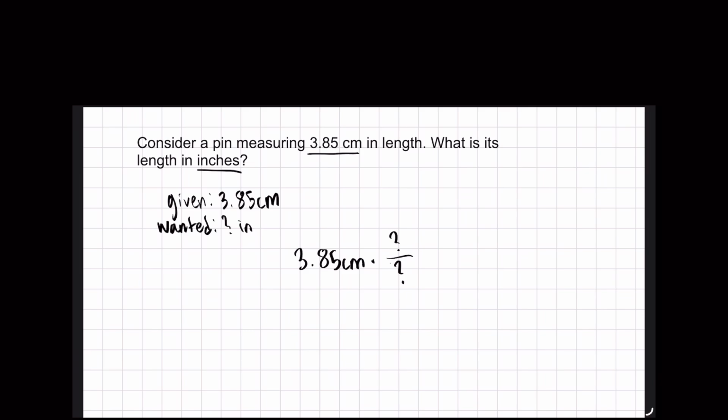Now, this conversion is worth memorizing, but your professor might give it on the exam. But which one do we put on the top? Well, in this case, we're given centimeters, and remember to put the given on the bottom, and the wanted on the top.